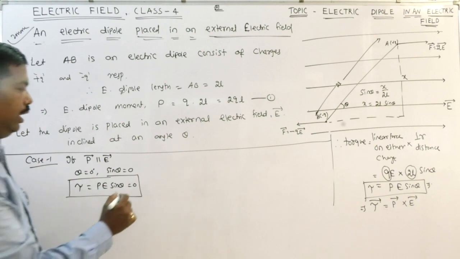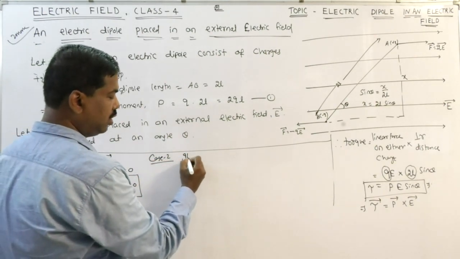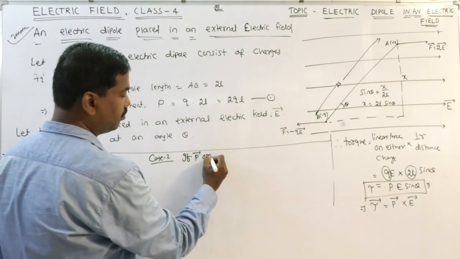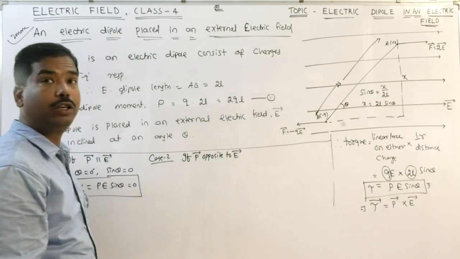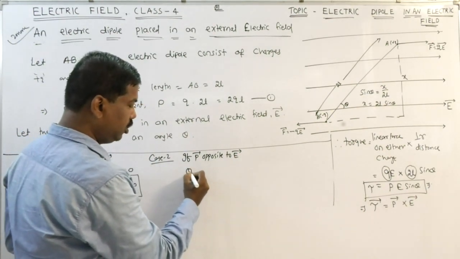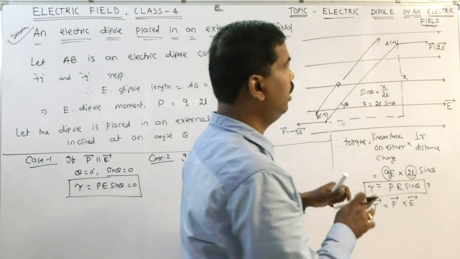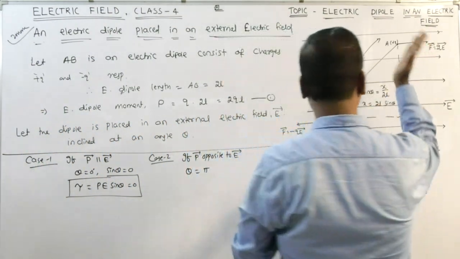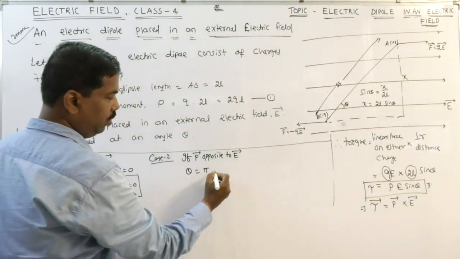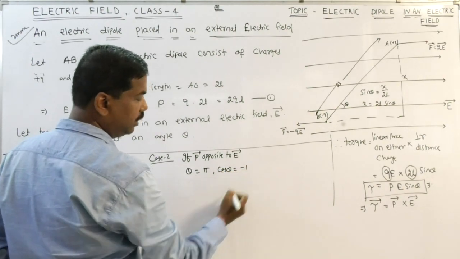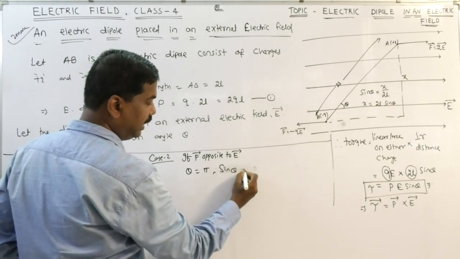Clear? Case 2. If p vector is opposite to E vector, so theta is equal to pi. It means the dipole is moving opposite to the direction of the electric field. Sin theta is again 0.